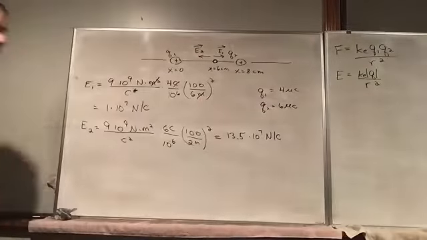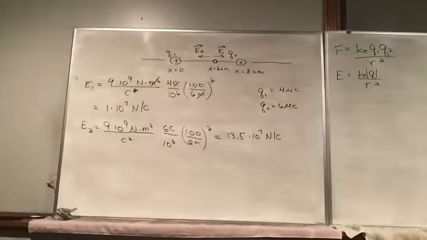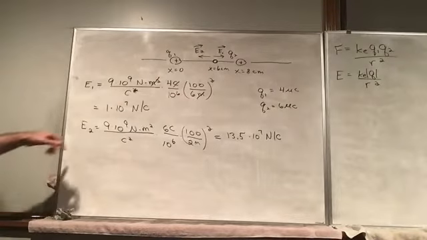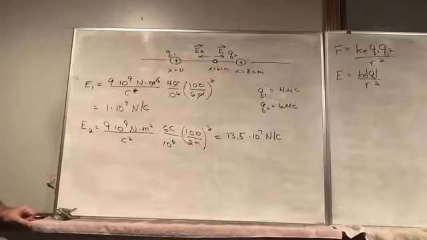So a much stronger electric field, E2, and that should be expected because not only is the charge bigger, but we're also closer. The distance even matters more in this case.